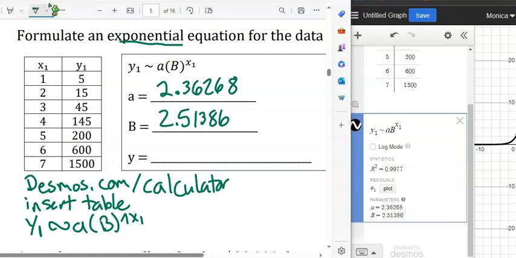And then for our equation, we could just round these. So we have y equals 2.36 times 2.51 to the x power. And that would be your formula.